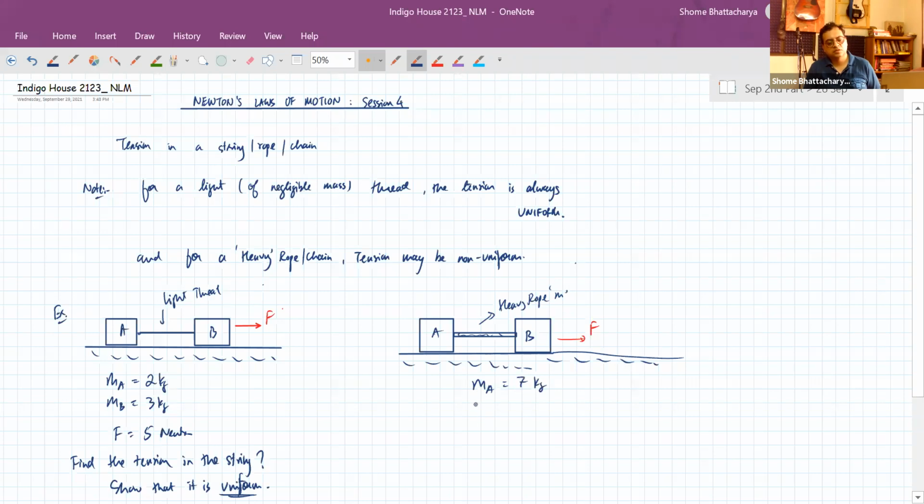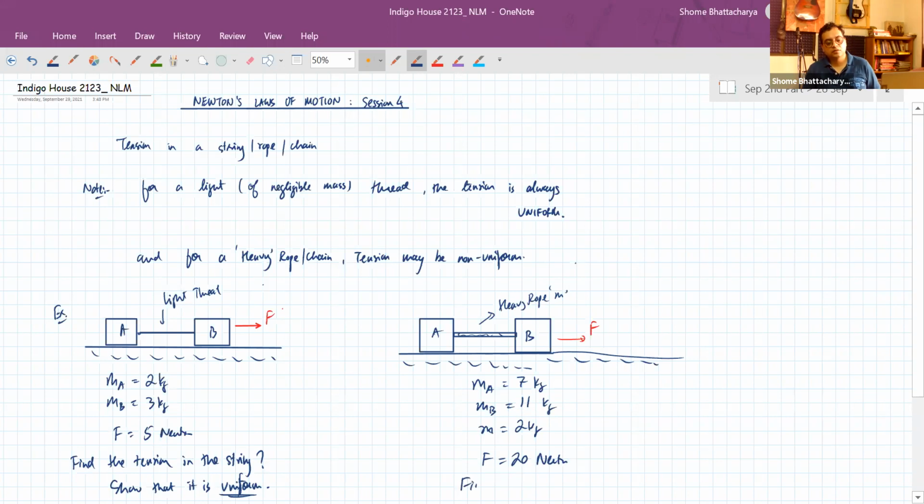In this second case, let's say the mass of block A is 7 kgs, the mass of block B is 11 kgs, and the mass of the rope is 2 kgs. So small m is 2 kgs, and the force we are applying is 20 newtons.